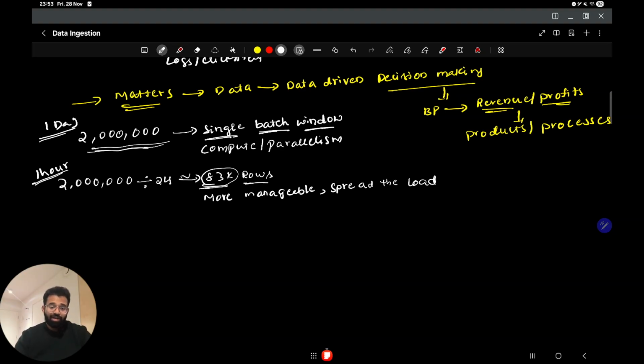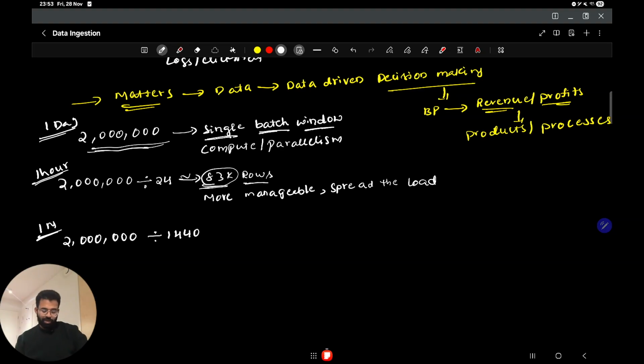And what happens if your ingestion runs every 1 minute? Then it's 24 into 60, which is 1,440.